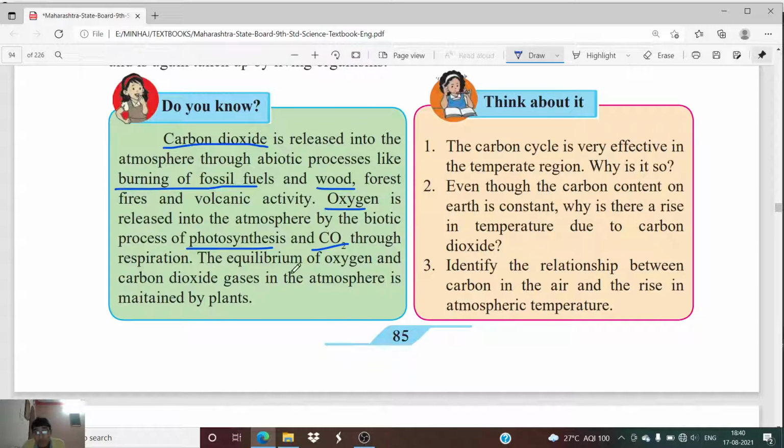Now, the equilibrium of oxygen and carbon dioxide gases in the atmosphere is maintained by plants. We have to keep this in mind. The amount of CO2 is going to be maintained by the plants only. Okay, if the amount of CO2 increases in the atmosphere or in the environment, it is going to affect the earth or ecosystem in an ill manner.